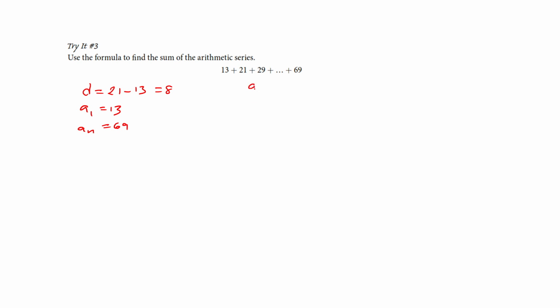So we go back to our original formula for an arithmetic sequence, which says you just take the first term and keep adding that difference over and over. So we know 69 is 13 plus our difference of 8 times n minus 1. If we solve this for n, we've got everything we need for our formula. We've got 69 equals 13 plus 8n minus 8.